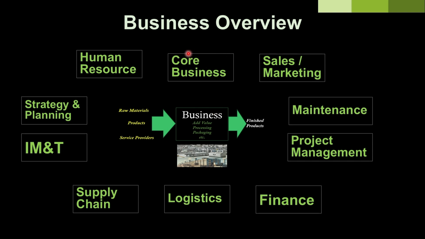So the core business here will just be renamed to production in the case of a production model, where the business buys raw materials and processes those raw materials in order to produce some finished product. So in that case, the core business will actually be labeled as production, and what goes on in here is usually referred to as the production operations.